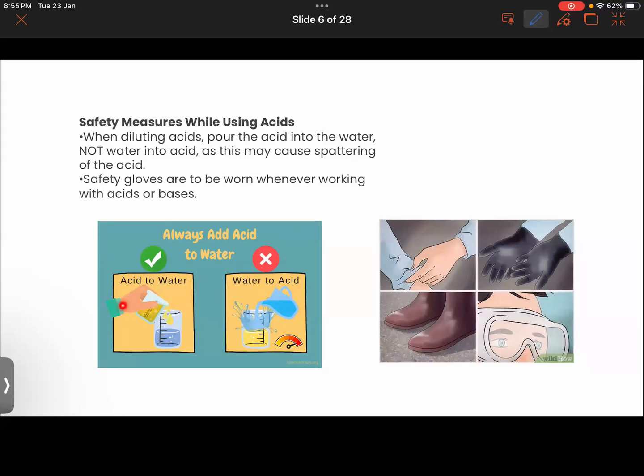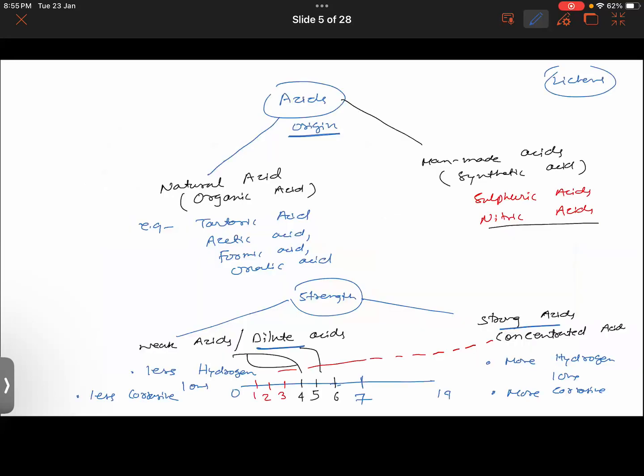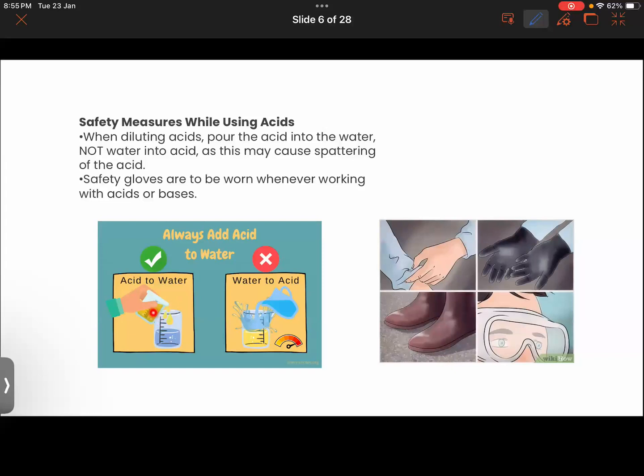Normally, acid is added to water if you are required to make a concentrated acid weak. So drop by drop you will be adding acid into water, and then using a stirrer you will be stirring it continuously. That's how you dilute an acid.